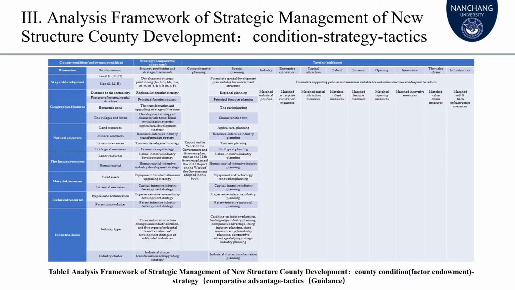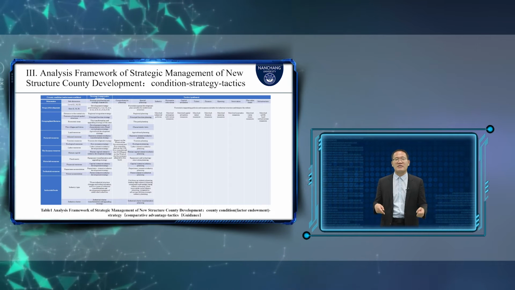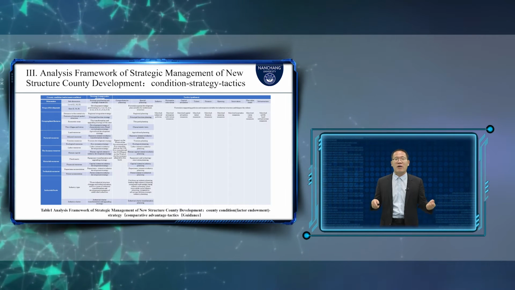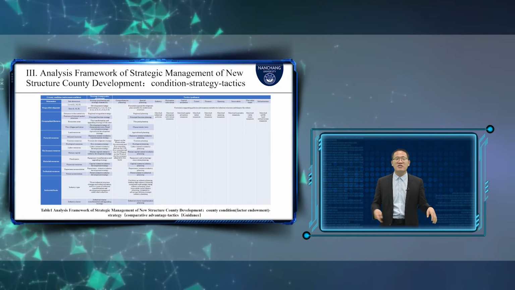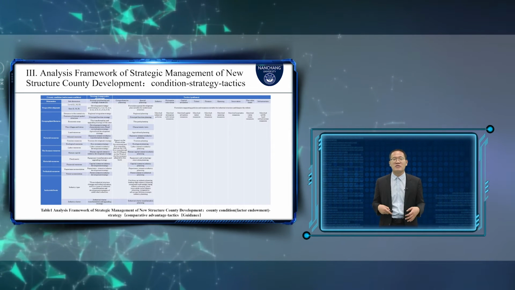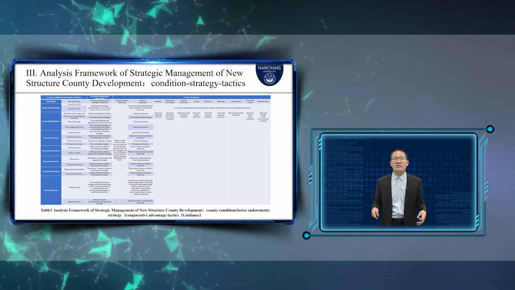County condition refers to the factor endowment of a county, including the development stage of county economy, location characteristics, natural resources, human resources, material resources, technical resources, development foundation, industrial foundation, historical features, and cultural characteristics.